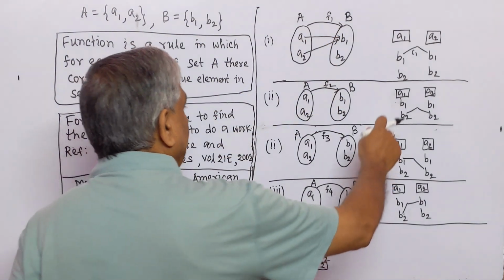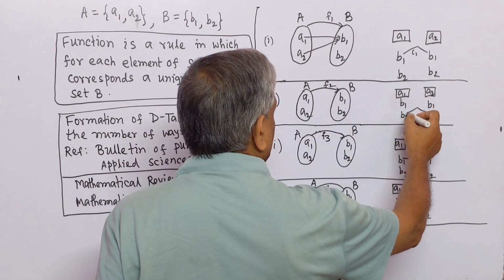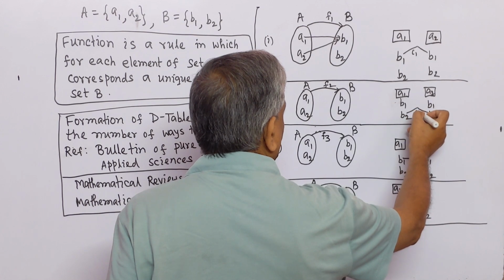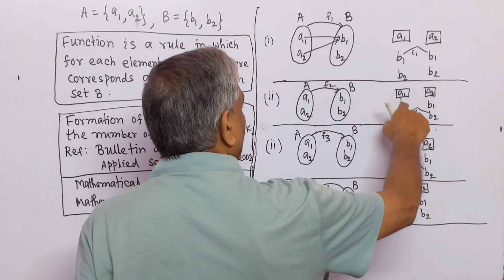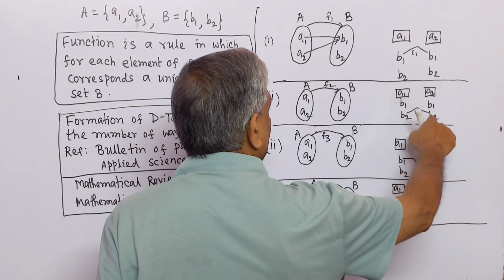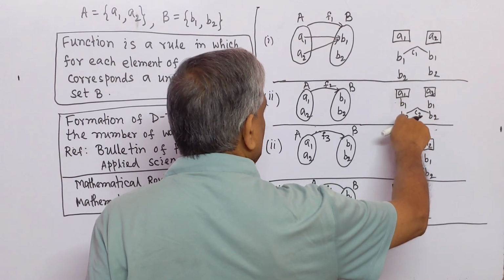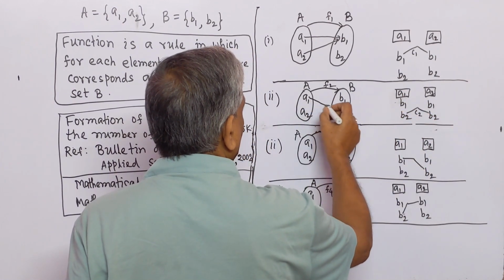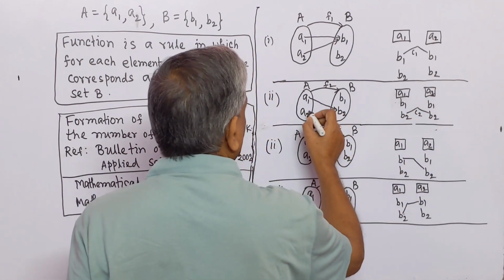Similarly, again we take the curve C2, which cuts one element b2 of the first column and one element b2 of the second column. This means the image of a1 is b2 and the image of a2 is b2.